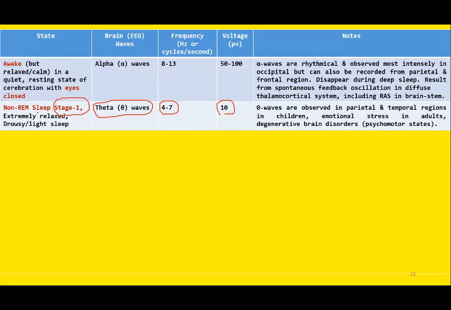Moreover, if we consider the lobes of the cerebrum, the parietal and temporal regions are the ones. Theta waves are usually observed in children, in emotional states, or in psychomotor states. So these are the characteristics of the theta wave band.